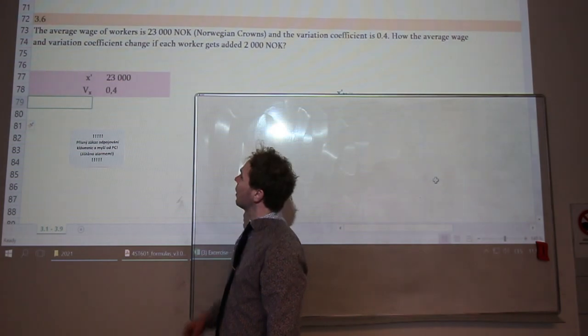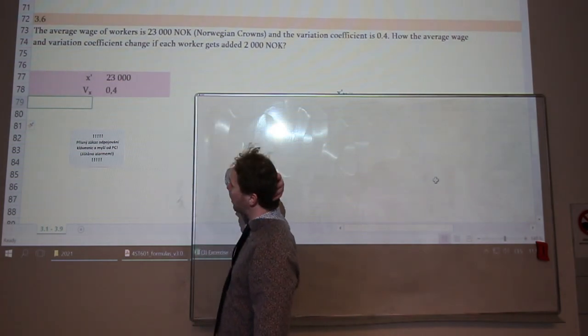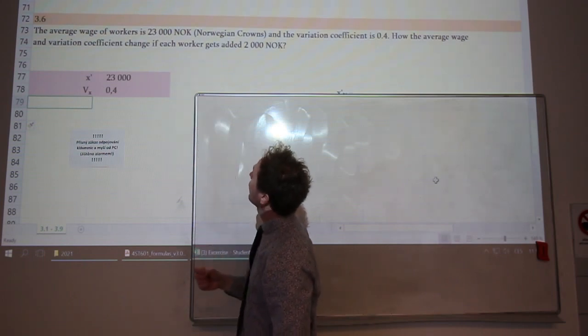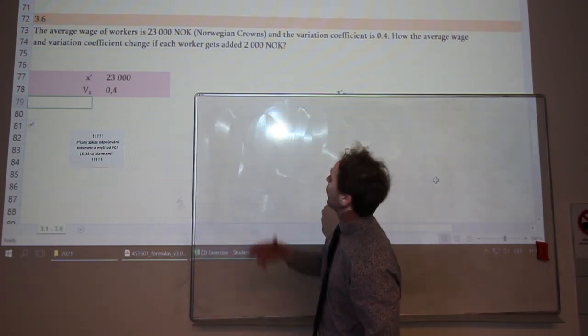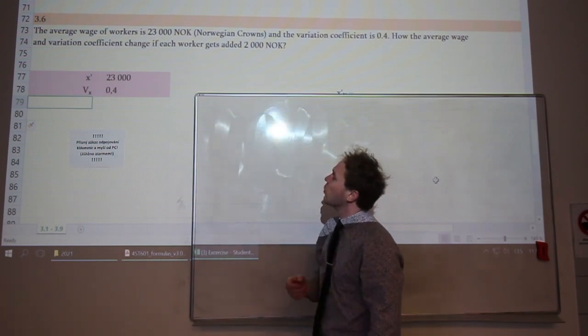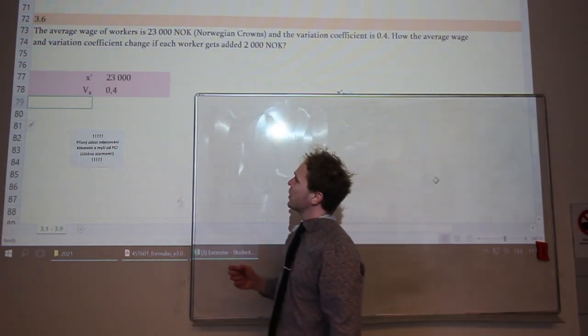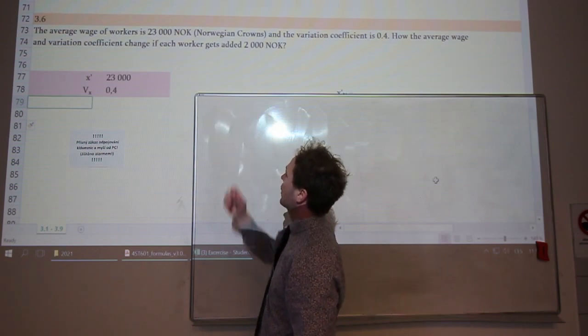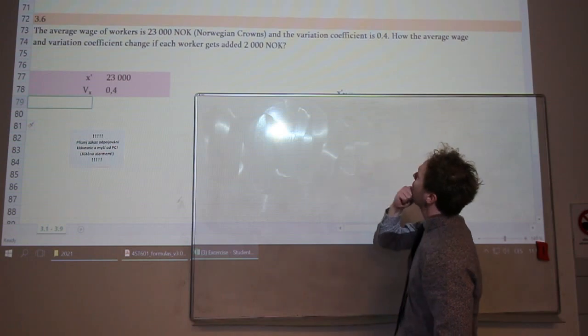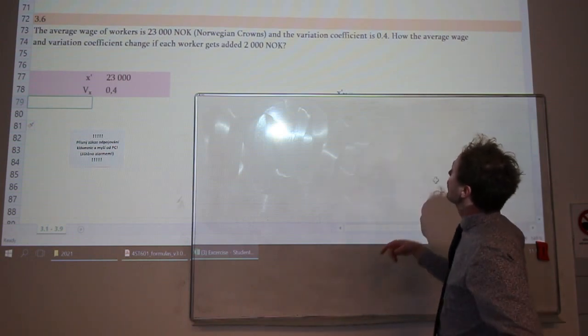Are you able to see this example? 3.6. The average wage of workers, for example, in Norway, because there we have units in Norwegian crowns. So the average calculated wage of workers is 23,000 Norwegian crowns, and the variation coefficient is 0.4.